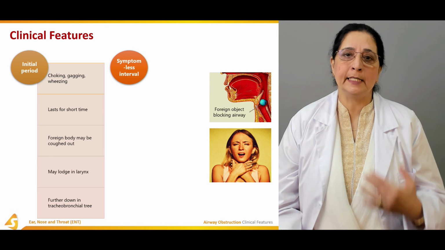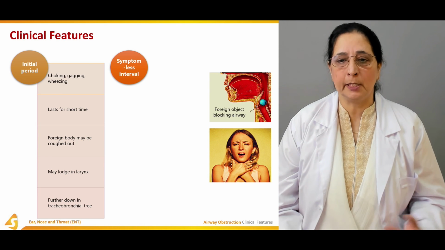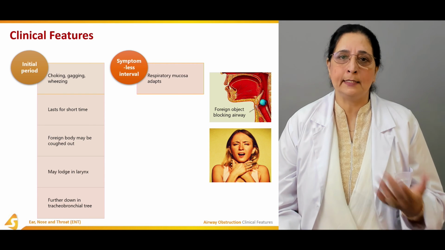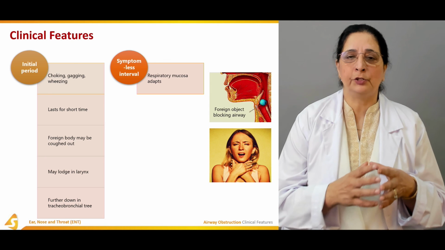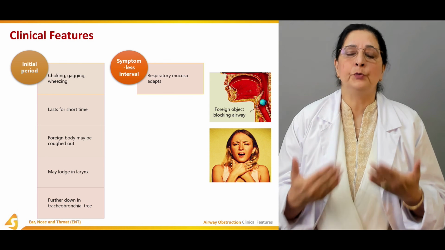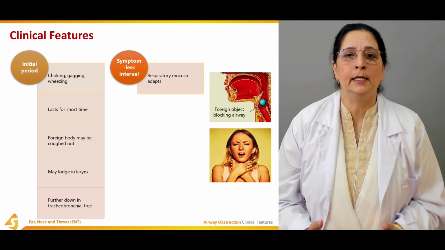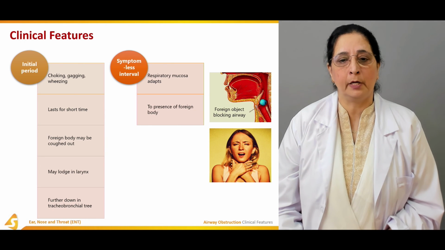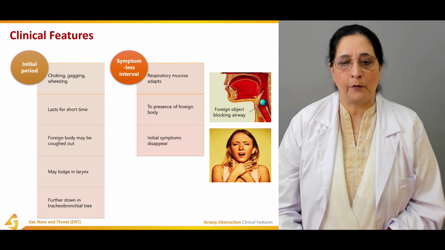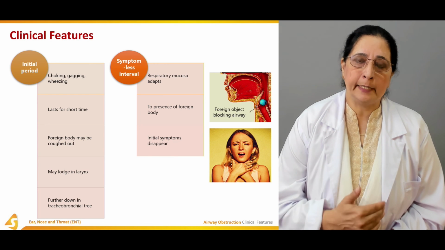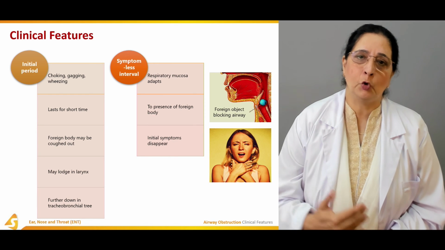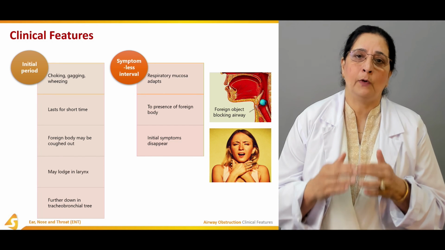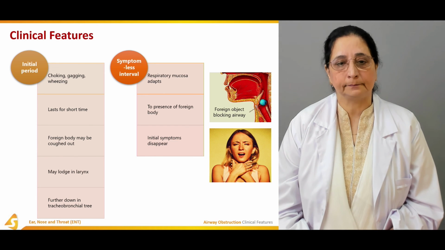Then the symptomless interval, when no symptoms are present. Why symptomless? The respiratory mucosa adapts to the foreign body present in the passageway. So the mucosa adapts to the presence of the foreign body, and the initial symptoms disappear, which were choking, gagging, wheezing, and now it's a symptomless period following the initial period.